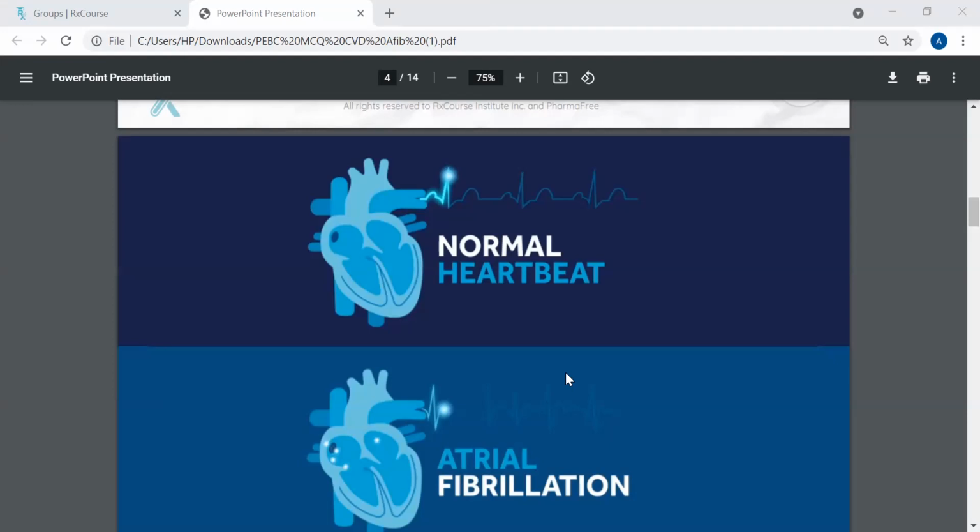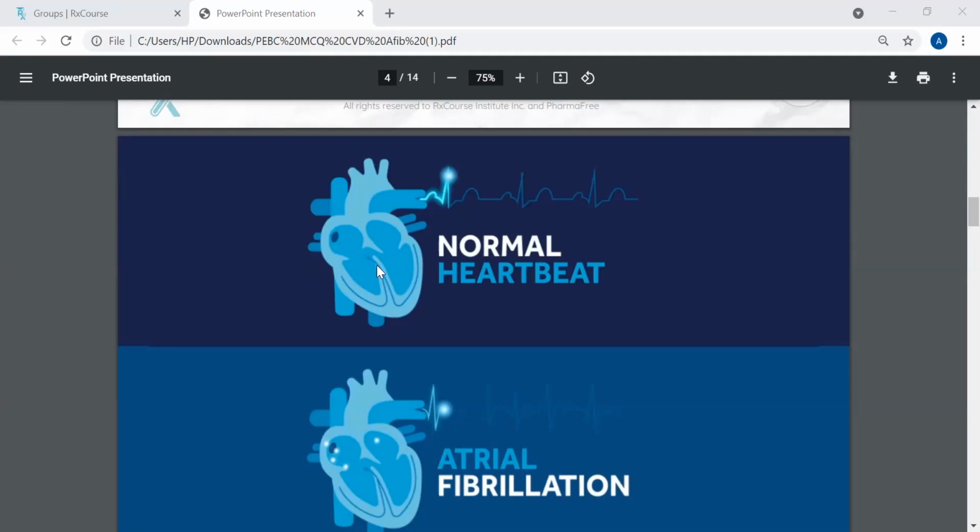Okay, so we can see here that the problem of arrhythmia is normally due to either the generation or the conduction of the signal. What is the meaning of generation of the signal? This small part here, the SA node, is the controller of the heart. Why? Because it has the highest automaticity.